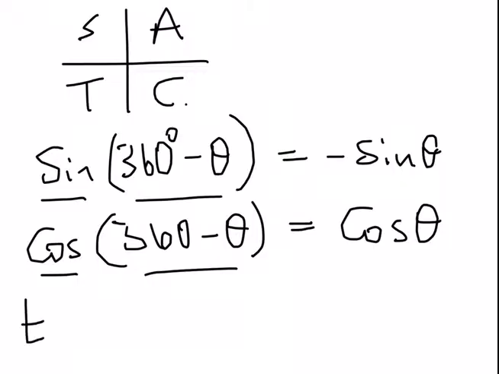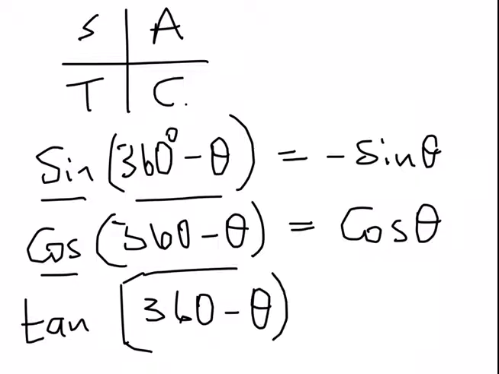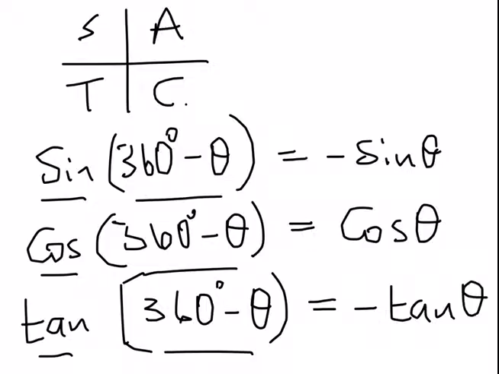Let's do the last one for tan: tan of 360 degrees minus an angle. In which quadrant? Quadrant number 4. Is this positive? Nope. That's why we end up writing that as negative tan of an angle.